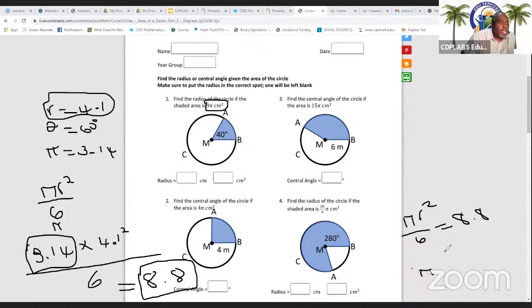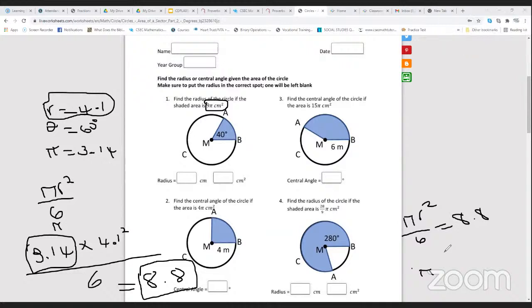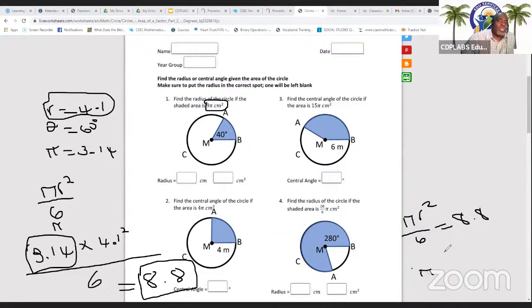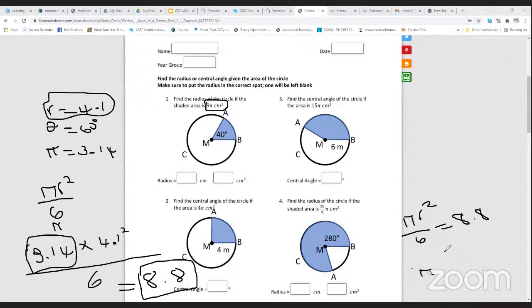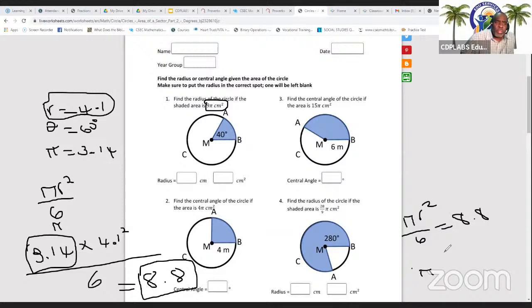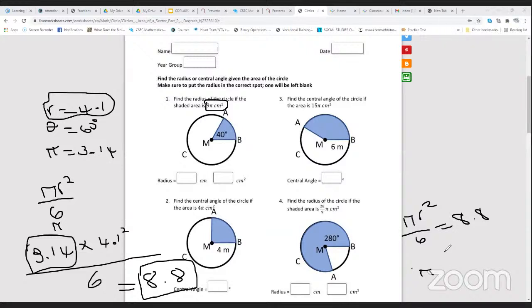And if you divide that 52.8 now by pi, what's the answer going to be? 16.815. How much? 16.815. Oh, yeah. So r squared.